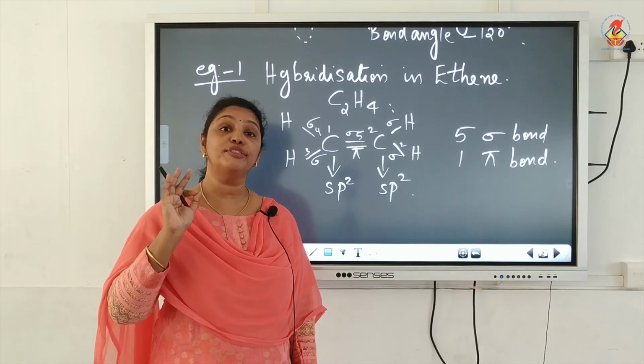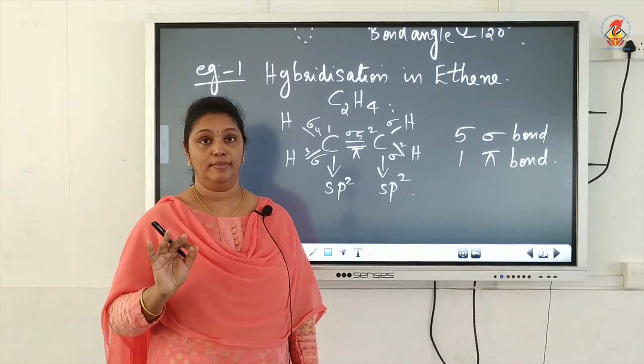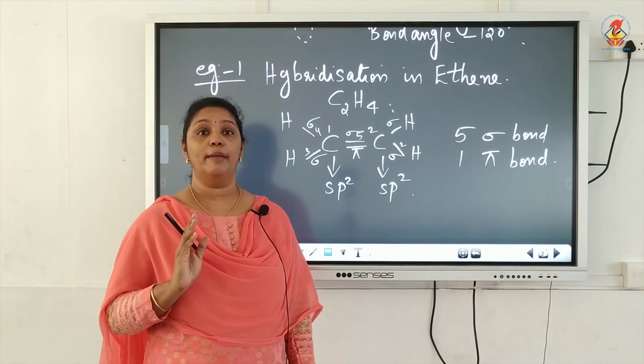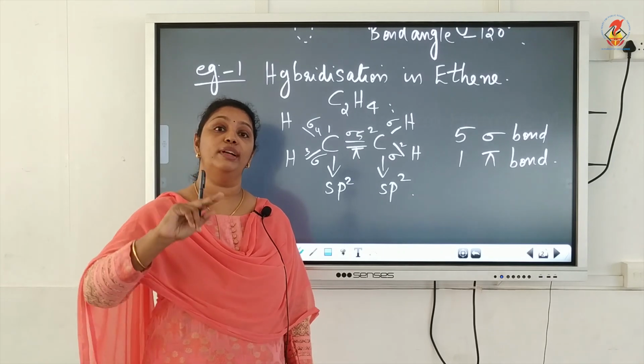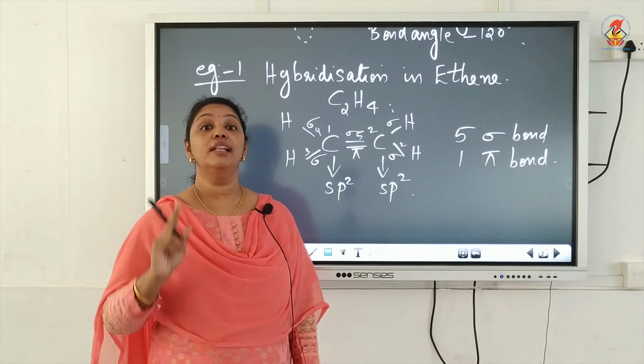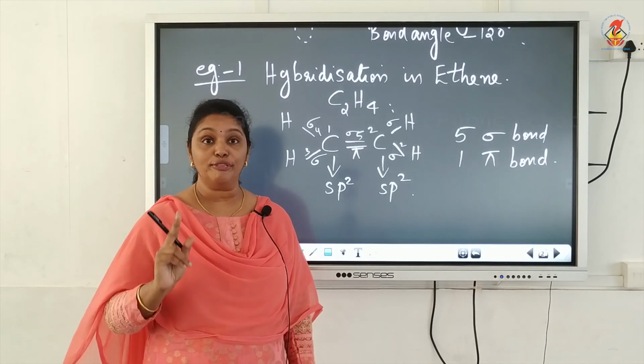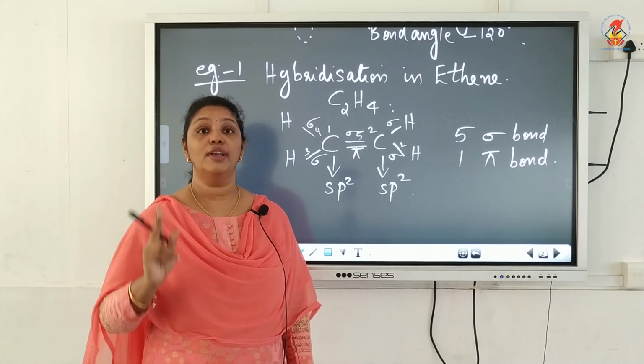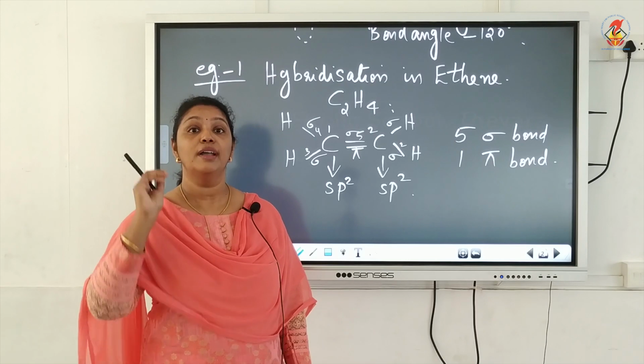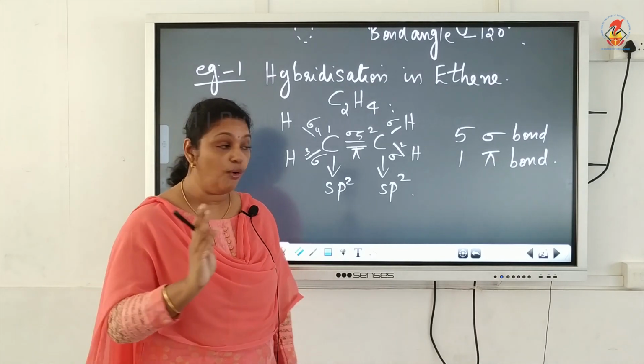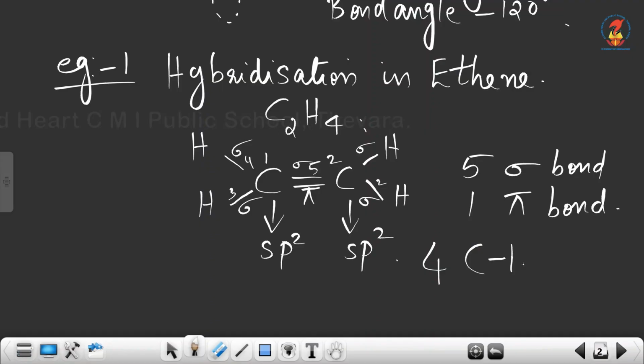Now out of 3 hybrid orbitals on both carbons, 2 hybrid orbitals on each carbon will overlap with the half-filled 1s orbital of a hydrogen atom to form 4 C-H sigma bonds.